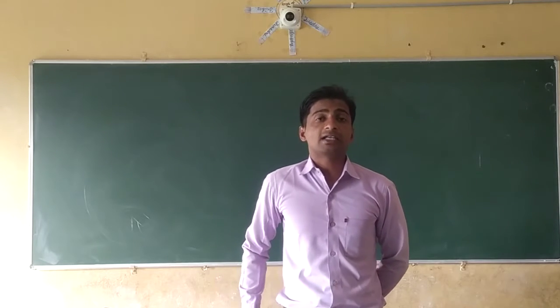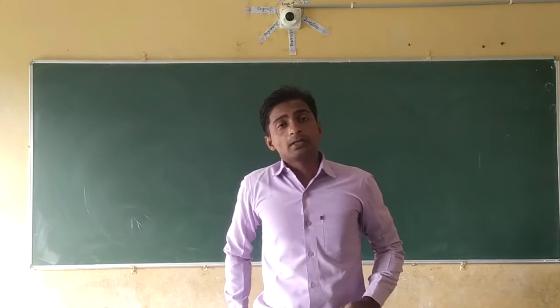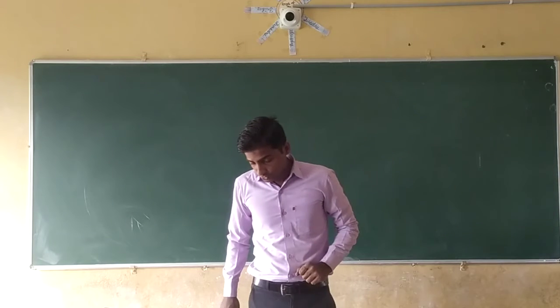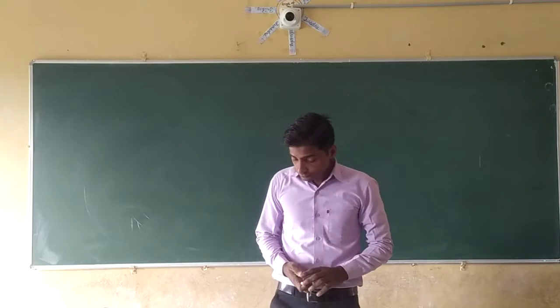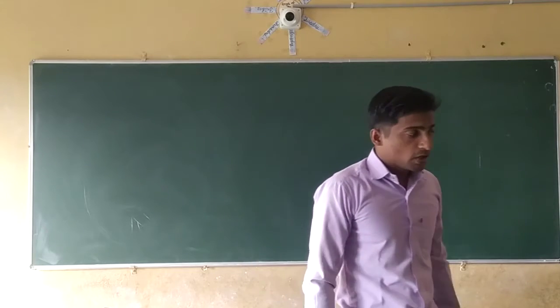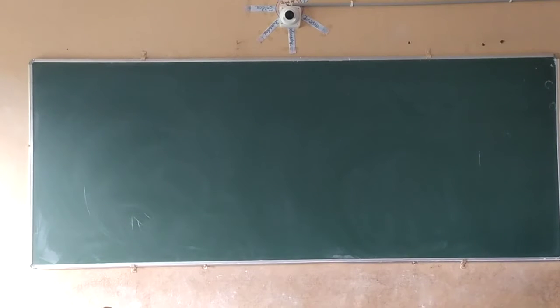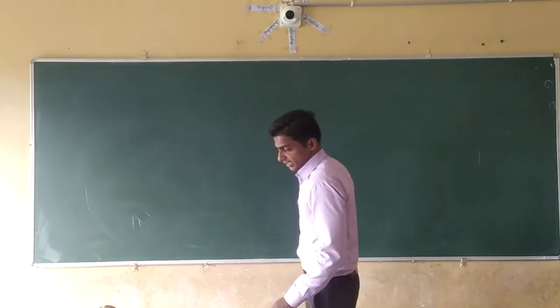RBC contains hemoglobin pigment that helps in carrying oxygen from one part of the body to another part, isn't it? Next, platelets help in clotting the blood. And the plasma gives the liquid nature to the blood. That we have studied in yesterday's class.